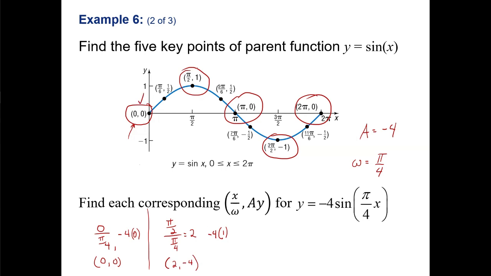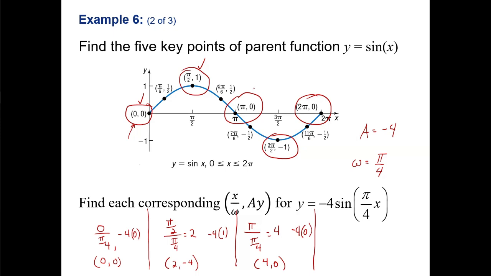Now we're going to take pi and divide it by pi over 4. So that's going to equal 4. And then negative 4 times 0. So that third one's going to be 4, 0.